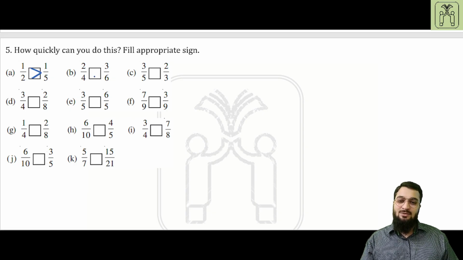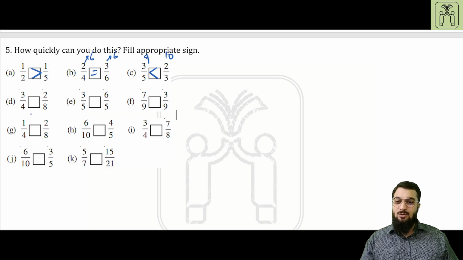Second, both are different, so LCM, that will make this 4 into 3, 12, so this will become 2 into 3, 6, and this is 6 into 2, 12, and 3 into 2, 6, therefore this will be equal. So 5 and 3 different, 3 and 2 different, again 5 3s are 15, so this will be 9, and 3 5s are 15, so 2 5s are 10, and therefore this will have the less than sign.